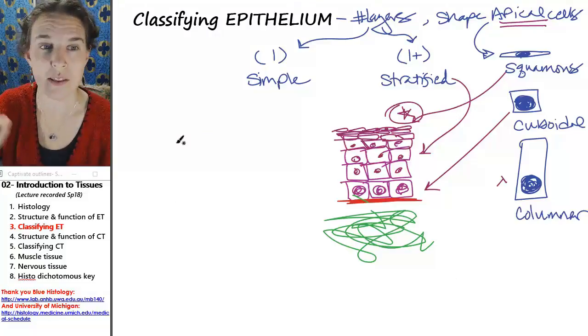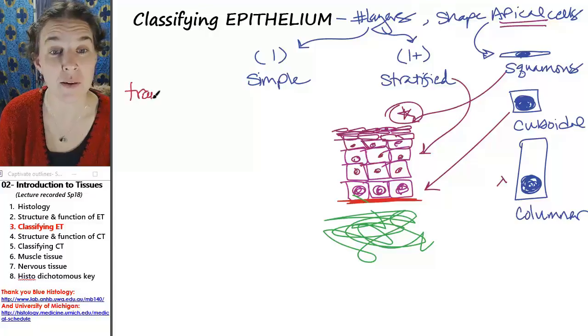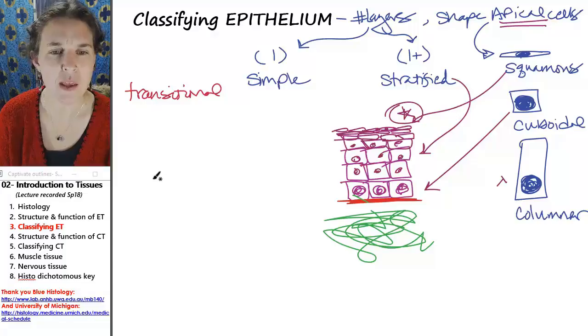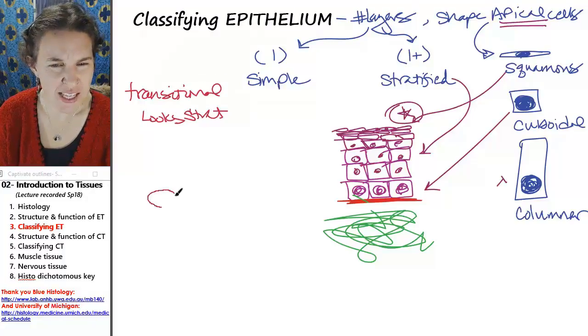Of course, there are some exceptions. Transitional epithelium is one of them. Transitional epithelium looks stratified. It looks like stratified cuboidal.